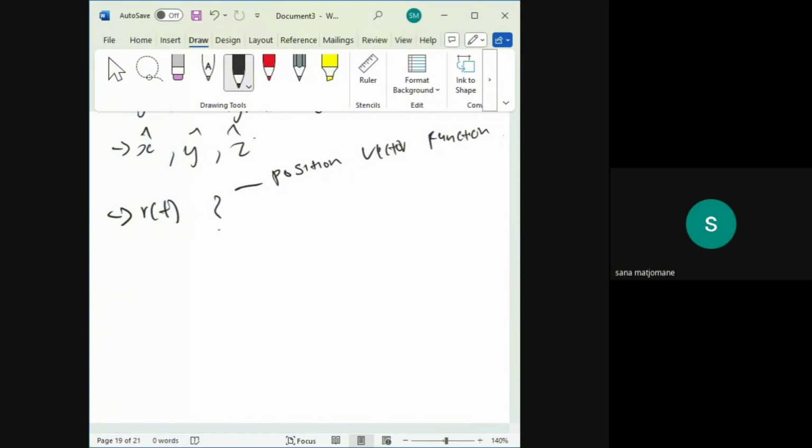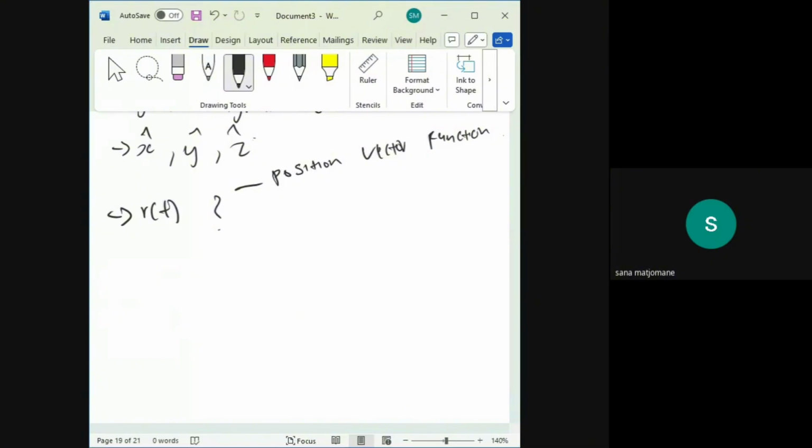Why? If you know the position vector function, we are saying you know everything about the kinematics of the particle. You know what kinematics is, you know what a particle is, so now we're describing the kinematics of that particle.